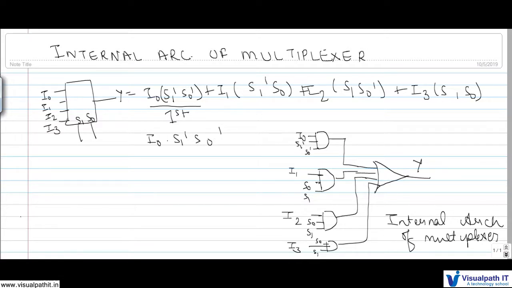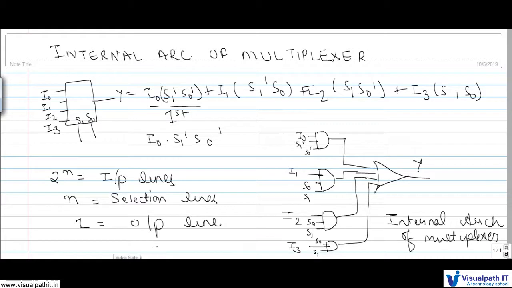Now if I analyze this internal architecture, I find that this circuit has 2 to the power n input lines, n selection lines, and one output line.